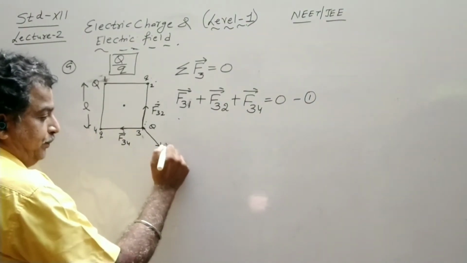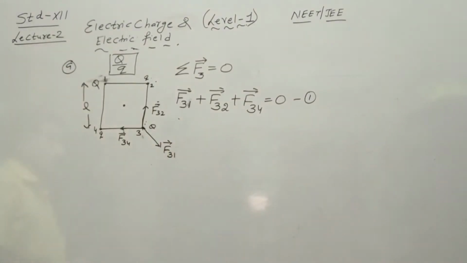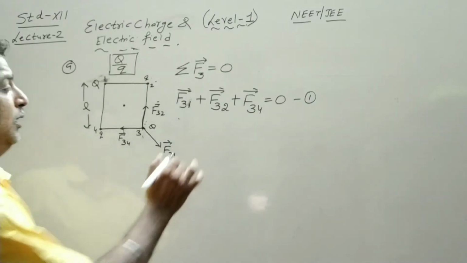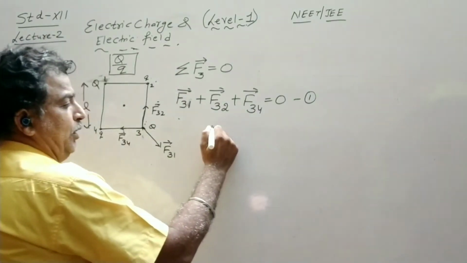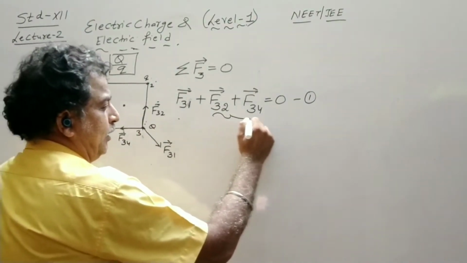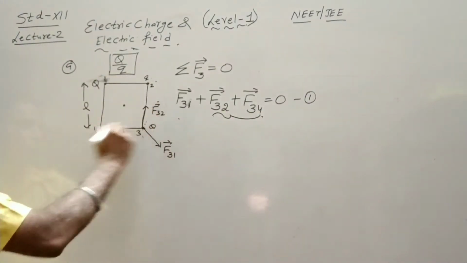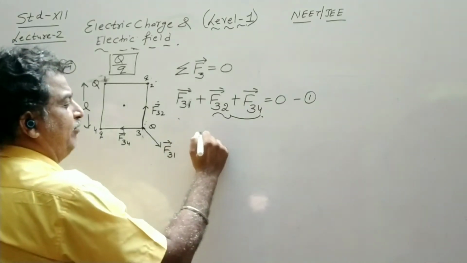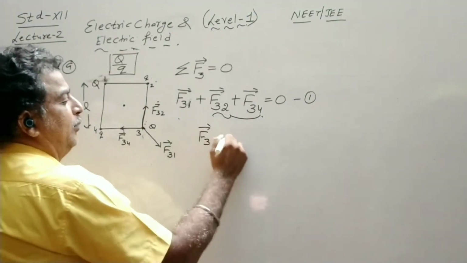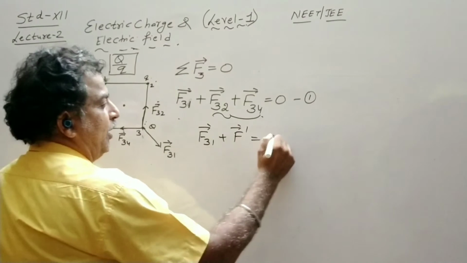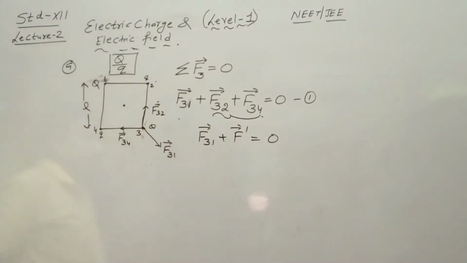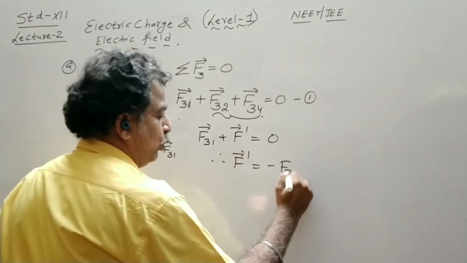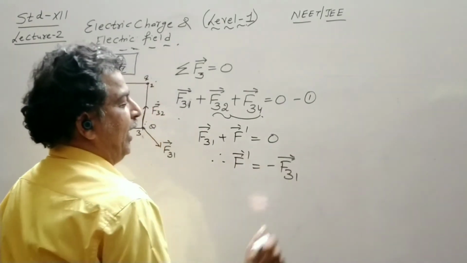Now even if you cannot find out which are positive and negative, simply we can see these two forces are perpendicular to each other in any case. So let us name the resultant as F dash. So F31 plus F dash is equal to 0, and therefore F dash should be equal to minus F31.